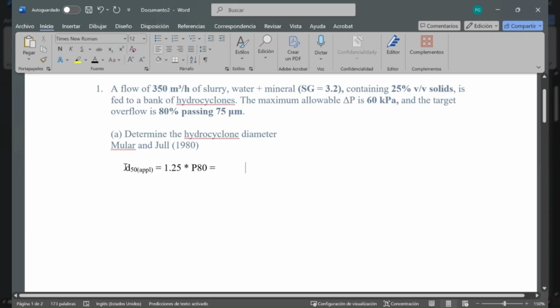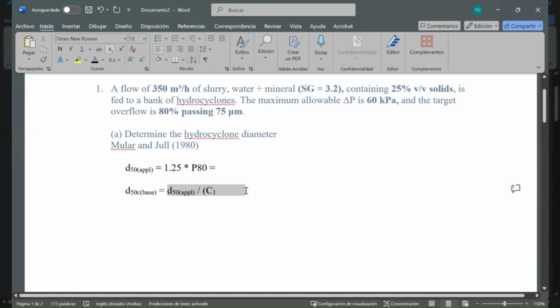The first equation is the applied 50% diameter, calculated as 1.25 times P80, where P80 is what passes a certain cut size. Then with this equation, we calculate the base diameter for the 50% cut size.